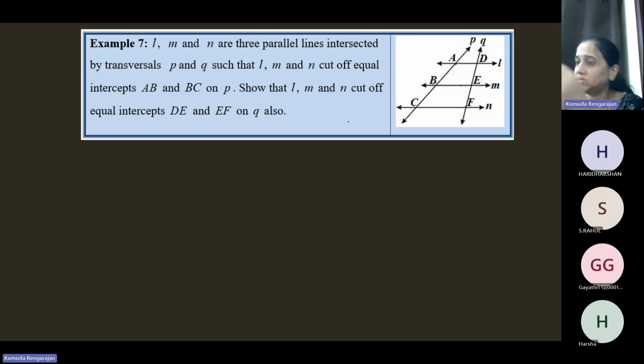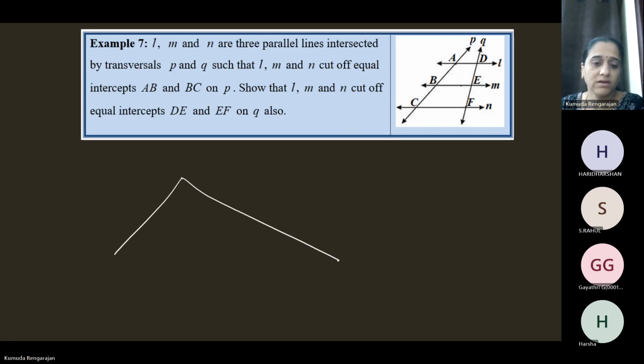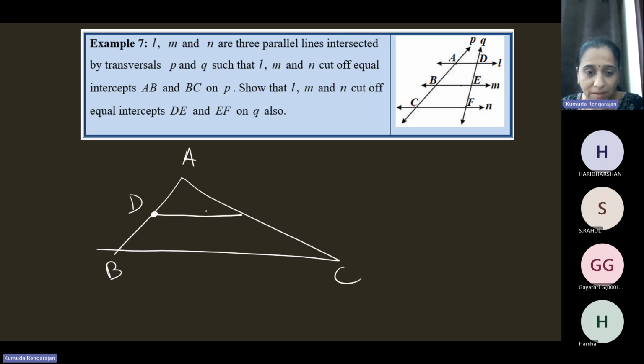The converse of the midpoint theorem is: in triangle ABC, if D is the midpoint of AB and if DE is parallel to BC, then the result by the converse of the midpoint theorem is that E is the midpoint of AC. Yes. E is the midpoint of AC.